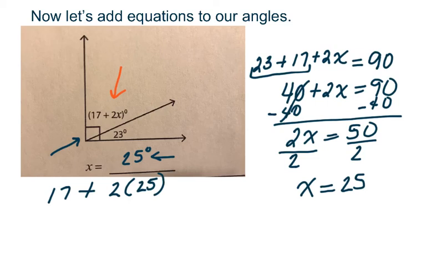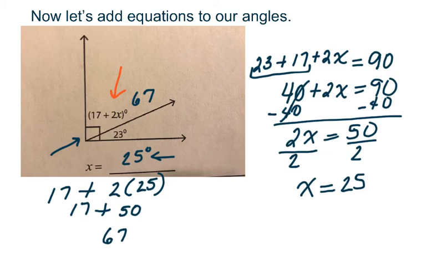Right there. So we know that 2 times 25 is 50. And 50 plus 17: 7 plus 0 is 7, and 5 plus 1 is 6. That is 67 degrees. Now I know that seems like a lot, but the more you practice, you will get faster, and it won't be as much as you think it is.